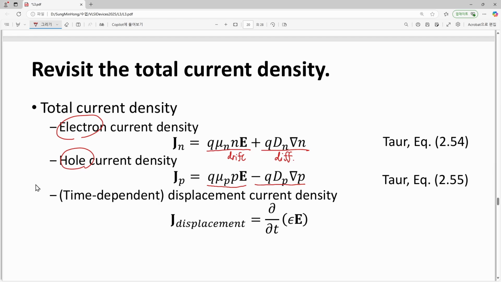In addition to these two particle currents, we can introduce a displacement current density, which is given as the time derivative of the displacement vector. If you don't understand this one, please study electromagnetics.